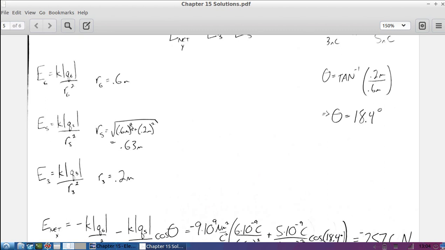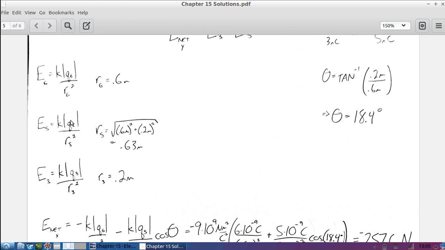So 0.6 meters squared plus 0.2 meters squared, take the square root of that, and I've got 0.63 meters. Now don't forget, I'm going to have to square that again. Technically, I could have just left this as r5 squared and not taken the square root, but I'm going to plug 0.63 meters in here and then square it again.